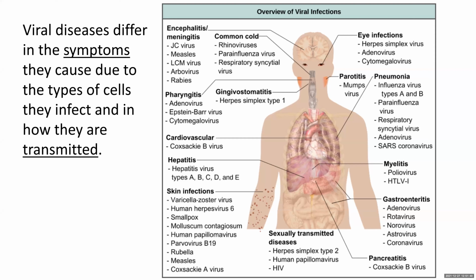So the different symptoms are caused by what happens to the cells that are attacked by the virus. They're going to be damaged and destroyed. And then also your own immune system is going to attack these infected cells and kill them. Right? So whatever symptoms we have are going to be caused by either the effects of the virus causing damage to your own body cells, or the effect of your own immune system trying to kill those virus-infected cells.